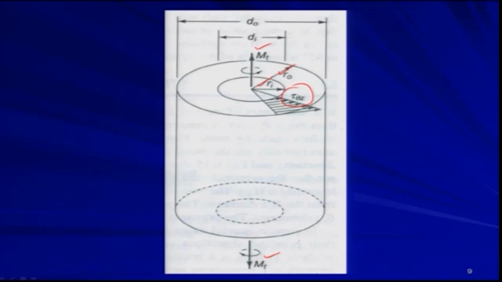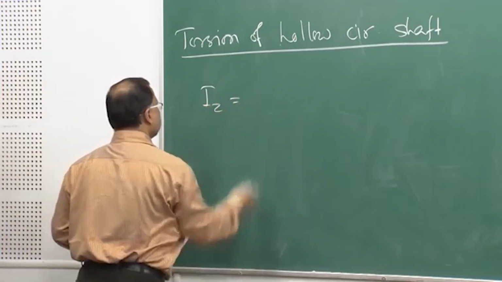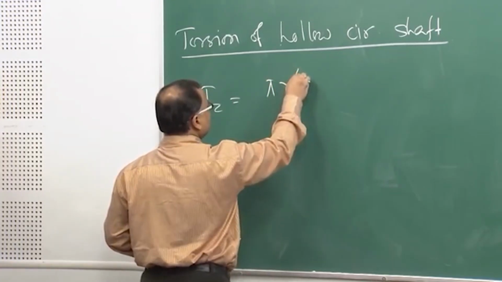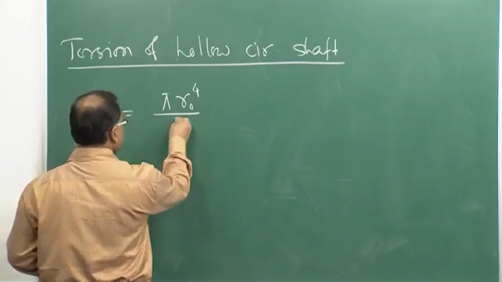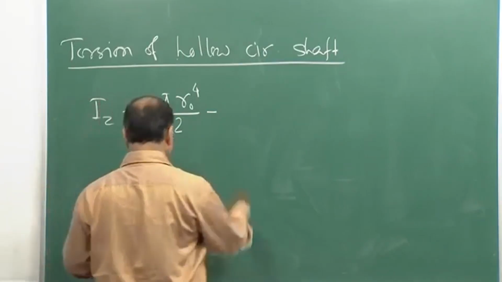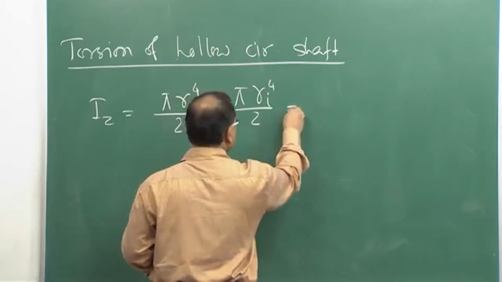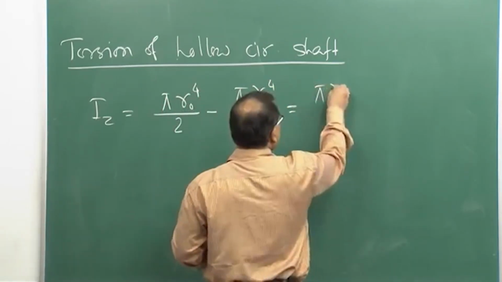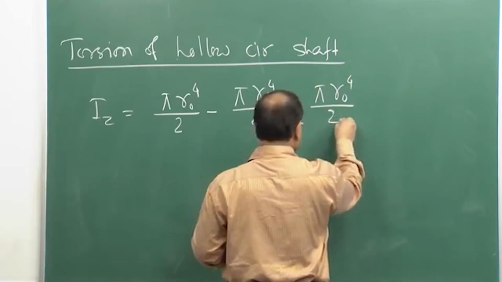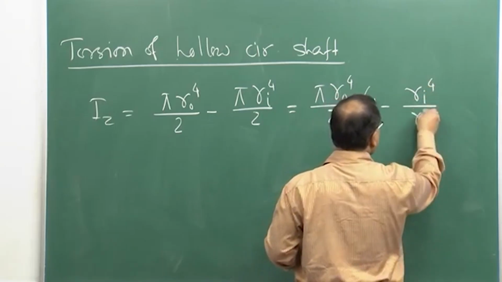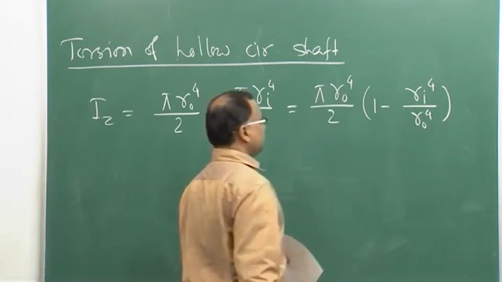Now, for this hollow circular shaft, your Iz is simply equal to, as we have calculated, pi Ro to the power 4 divided by 2 times (1 minus Ri to the power 4 by Ro to the power 4).